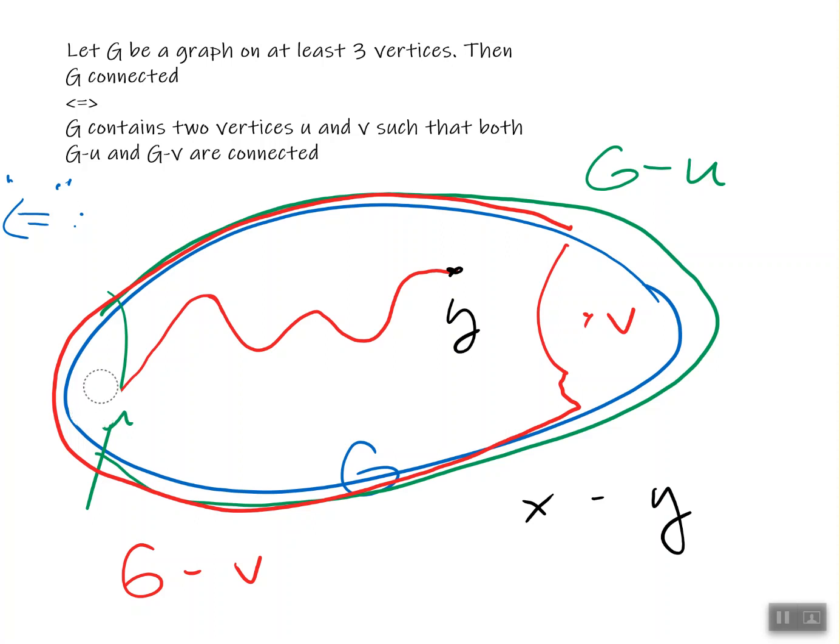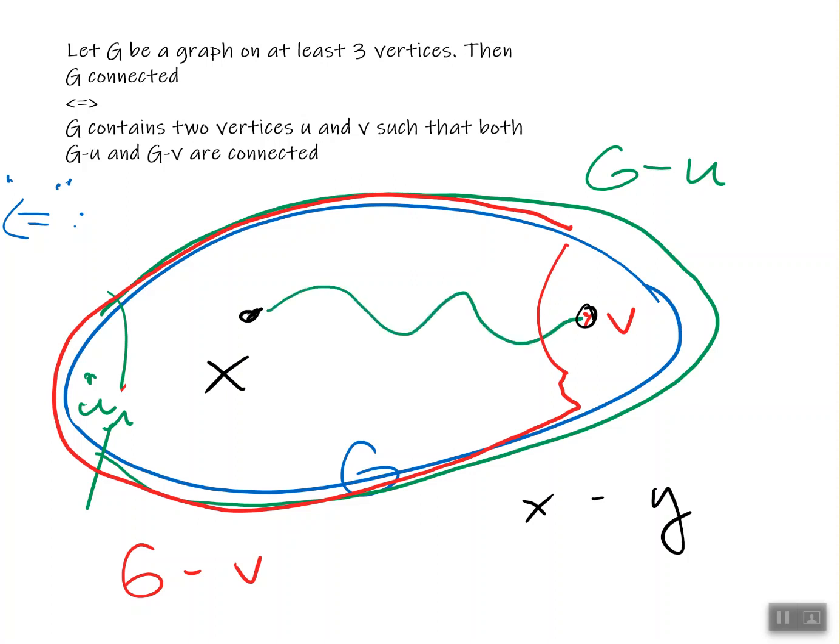That's sort of the same thing as the first case that we had. Now, let's see what happens as the third case, if one of them is v. Well, if one of them is v, the other one is somewhere else, maybe not u, then what we can do is we look at the green graph and find a path in the green graph, because neither of these is u, so there's a green path between the two.